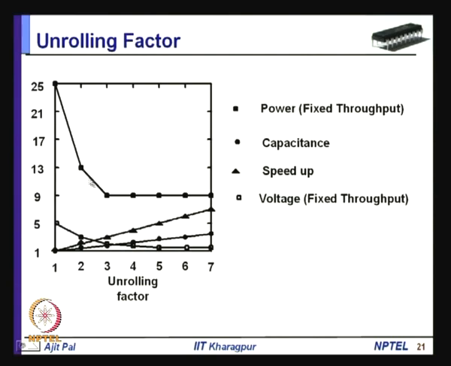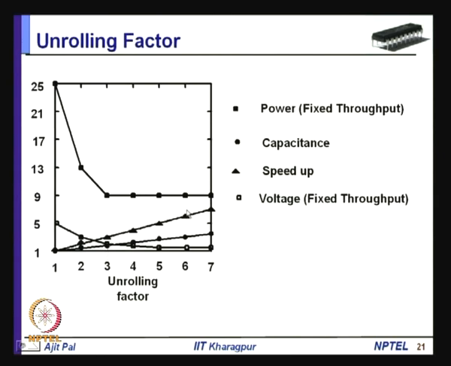If we unroll by 3 times, there is still a reduction, it comes to about 9 instead of 25. But further increase in unrolling does not really reduce the power dissipation, because overhead increases. The overhead offsets the benefits of more unrolling. So, unrolling up to a factor of 3 gives you benefit.